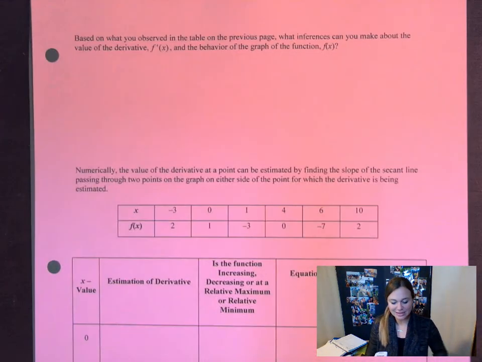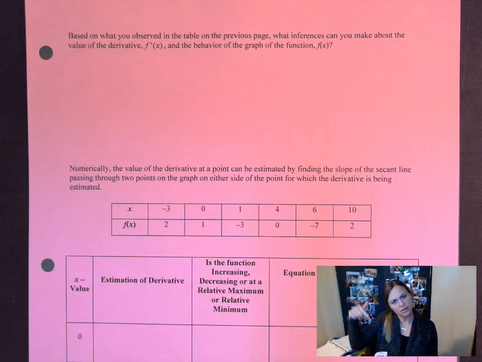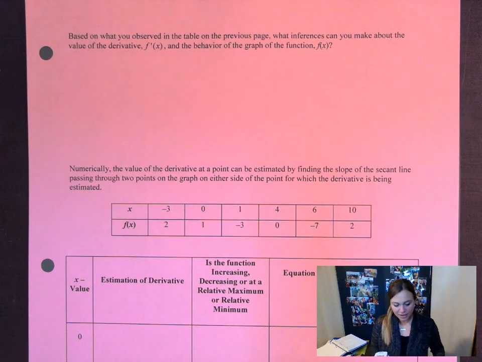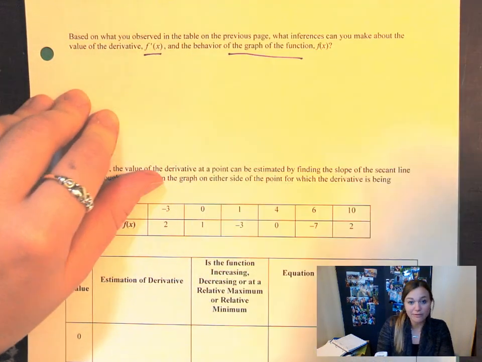Okay, so moving right along. The next thing I'm going to do is the next page, which is 53. Woo, page 53. When we get to that page, it doesn't quite have enough celebration, so don't worry, it's been celebrated now. Based on what we have observed in the table and the previous graph, what inferences can you make about the value of the derivative f prime and the behavior of the graph?